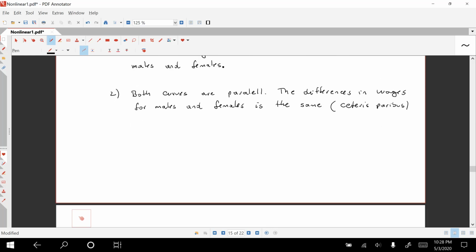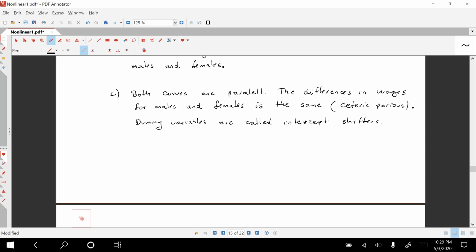Sometimes if you read in the literature, dummy variables are called intercept shifters, because they have that property of shifting the intercept.